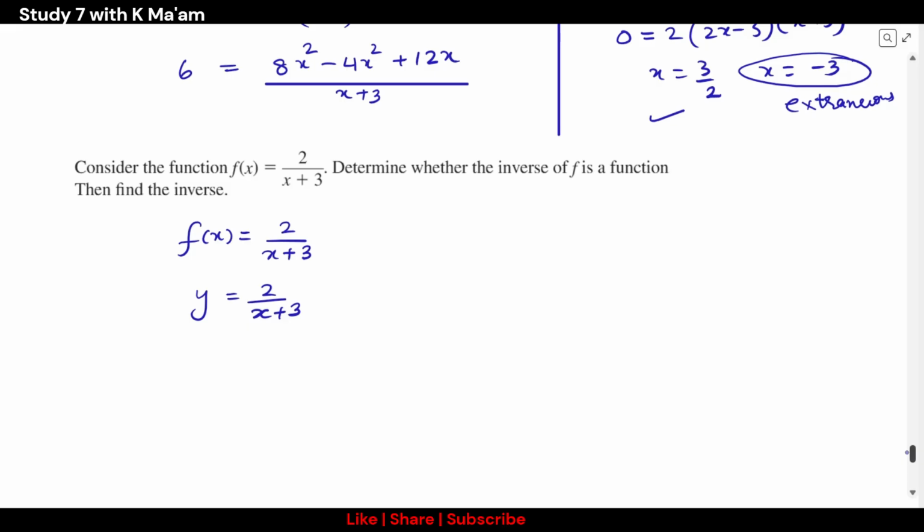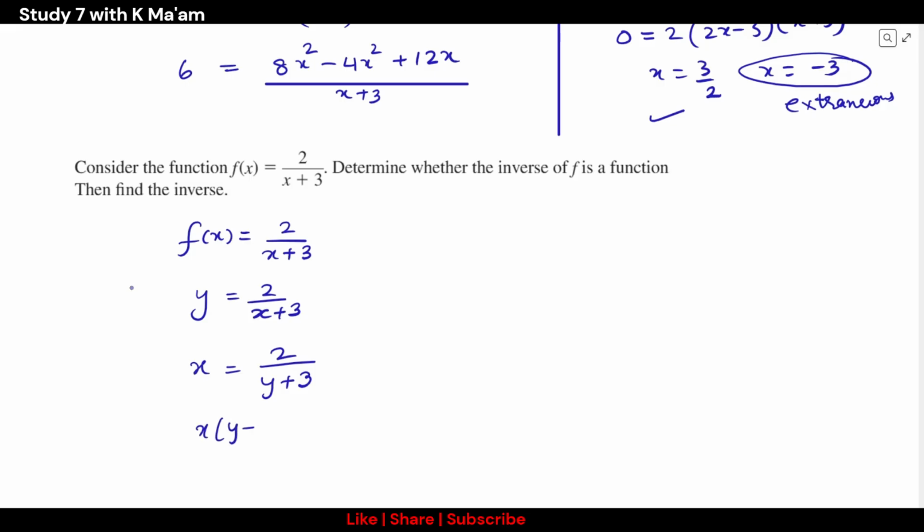Second thing is replace x with y and y with x. Now multiply and look for the x value. x is shifted here, but because we replaced it, solve for y now.